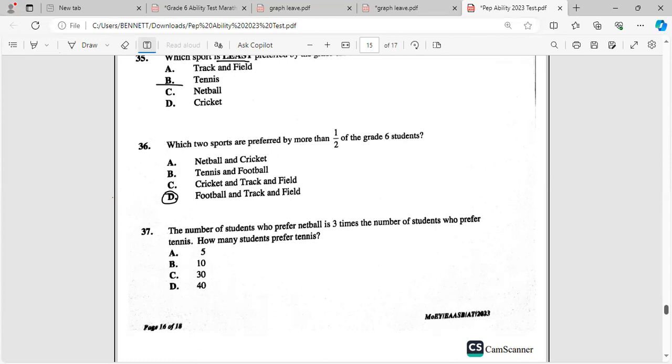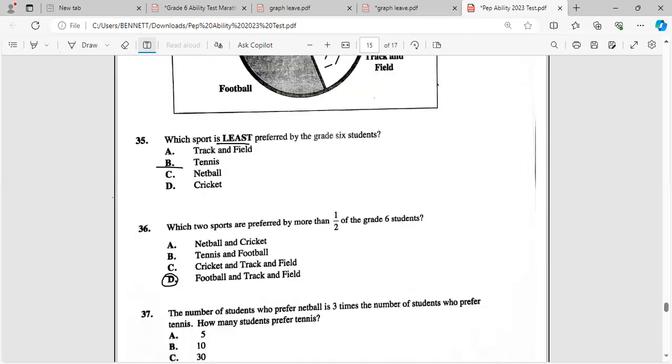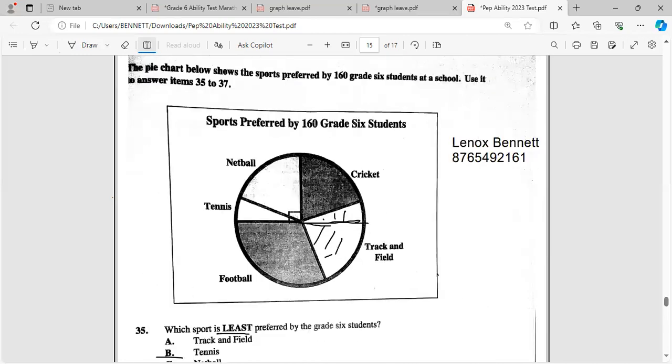Sir, can you explain? Kimani, you are supposed to answer. Kimani doesn't want to do it anymore? No, sir. I don't understand, sir.